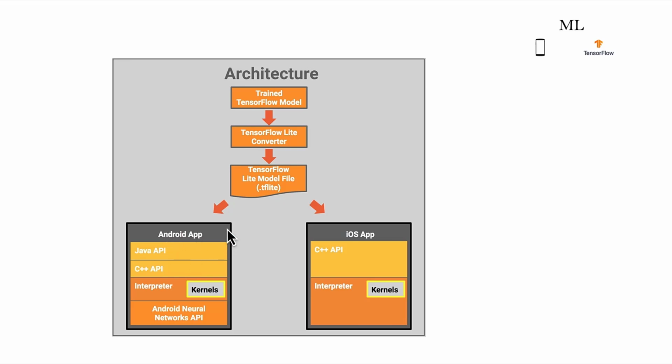And inside both applications, for using this model, we got this thing with the name interpreter. This is a TensorFlow Lite interpreter using which we are going to load this model inside the mobile application and then pass input to the model and get the output. So here there are two important things: this TensorFlow Lite converter which converts our model into this TFLite format, and then this TensorFlow Lite interpreter which is used to load the model inside our mobile application.